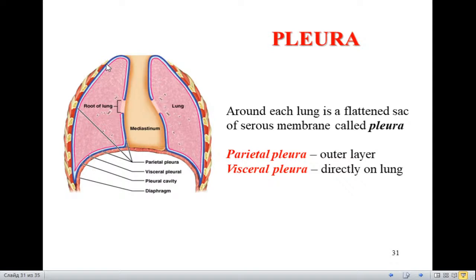Between parietal pleura and visceral pleura, there is the pleural cavity, which is a closed sac in the thoracic cavity.